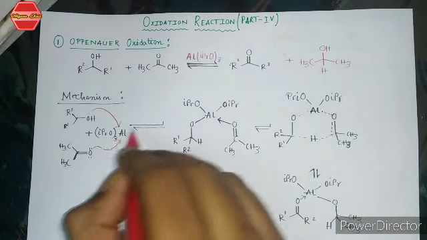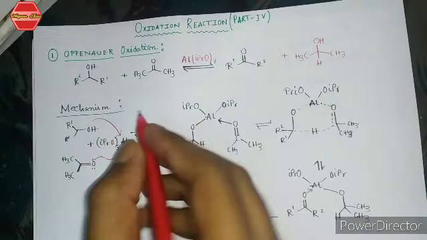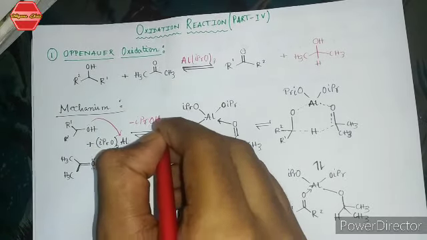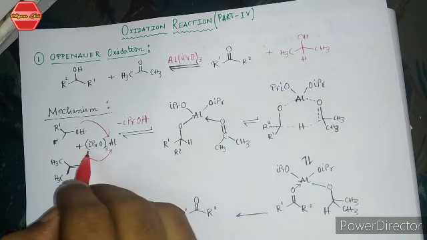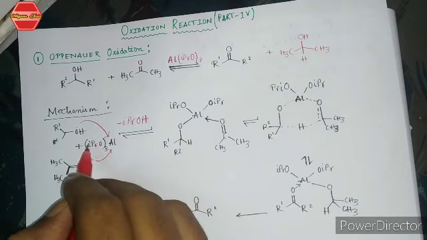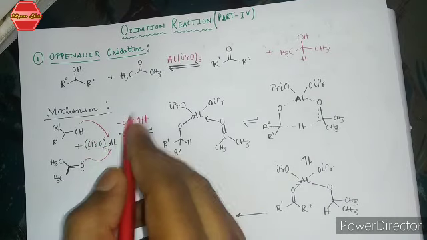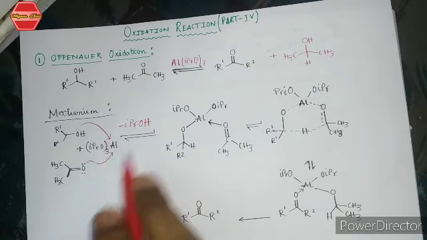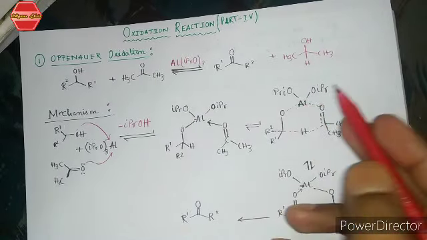Now there is a leaving of 1 mole of isopropanol, that is this hydrogen and 1 mole of this isopropoxide, which is isopropanol, leaves from the system. This is your overall product after the removal of isopropanol.